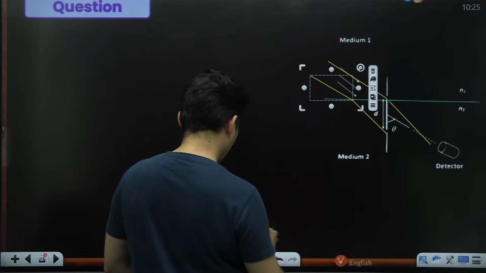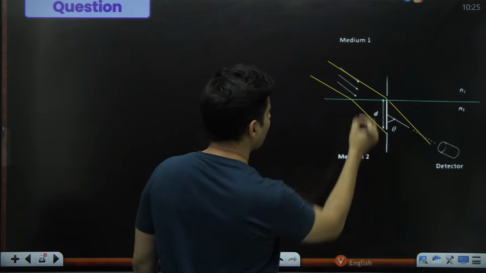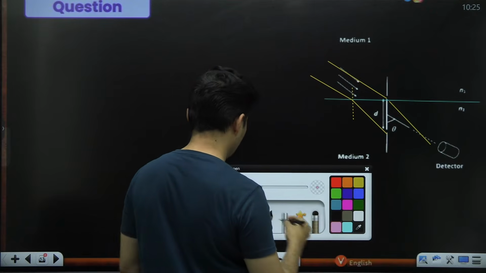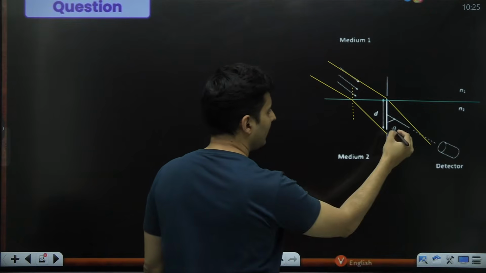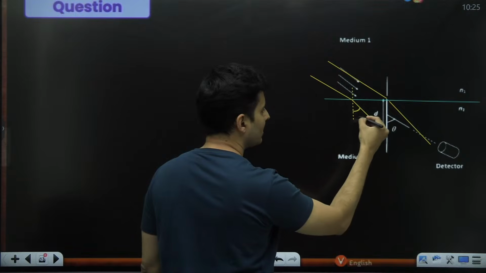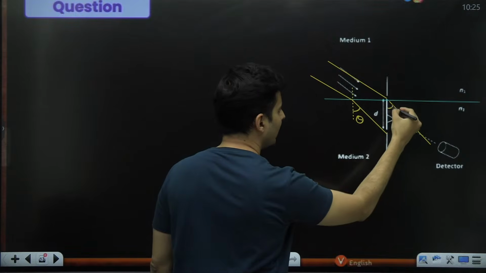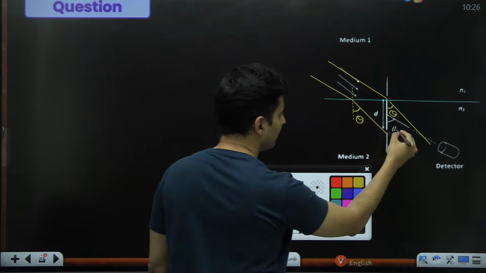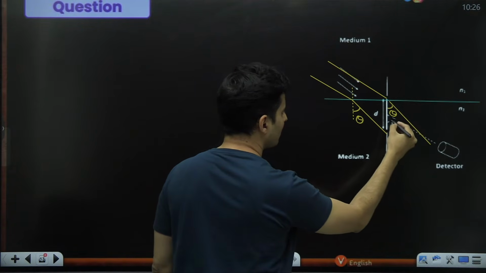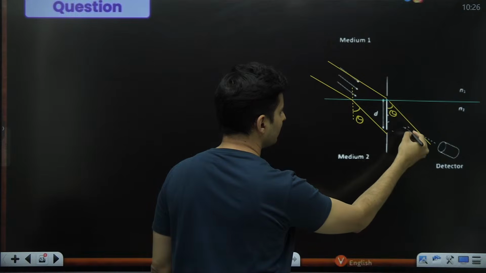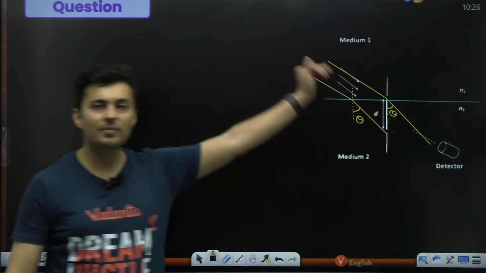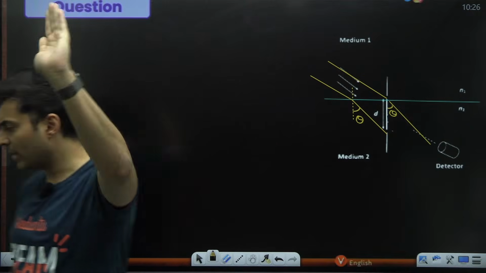Let me also draw a perpendicular over here. Perfect, this is good enough for me. Theta is the angle of refraction, so this is definitely theta, and this is also definitely theta. I don't need this as of now. See, if this much is clear, my dear students, is everybody with me?